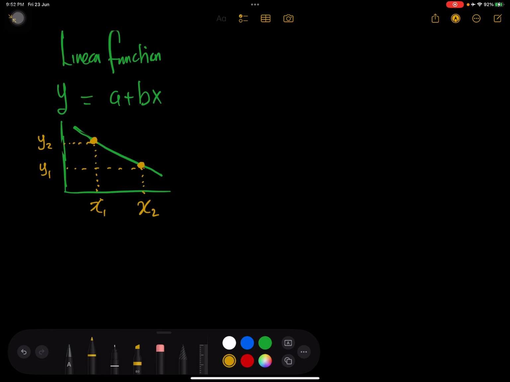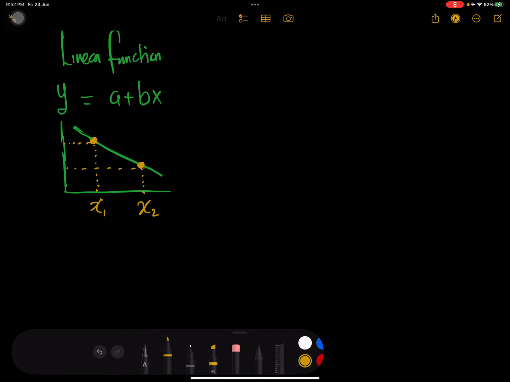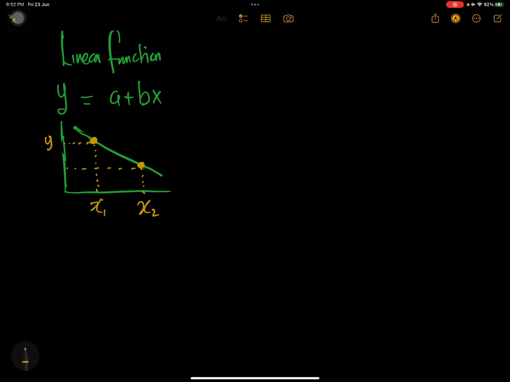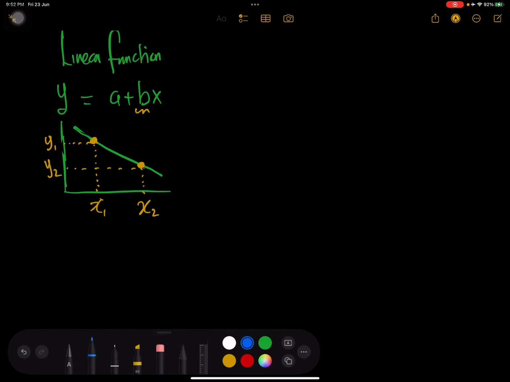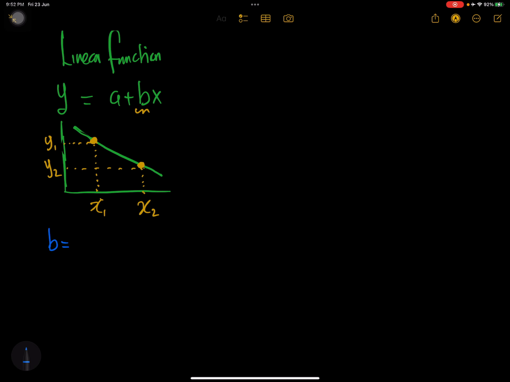Do you remember this? We said that the b in the equation is what we call the slope or the gradient.